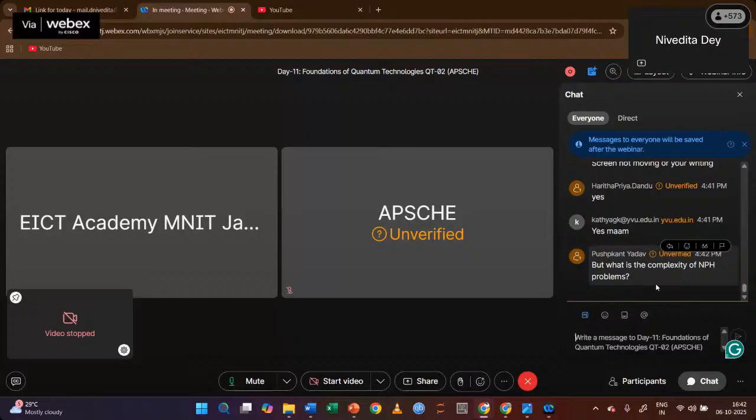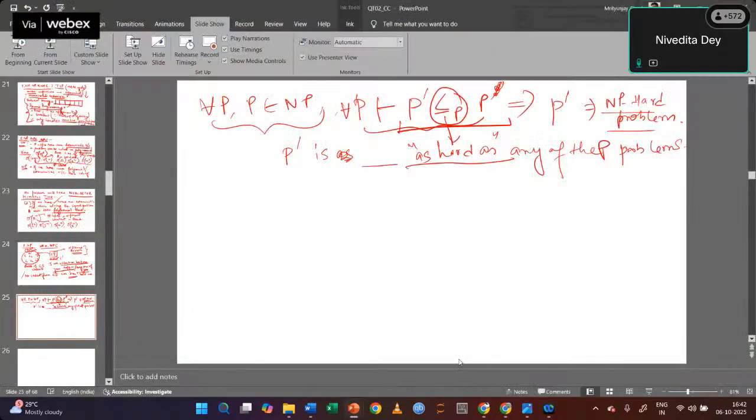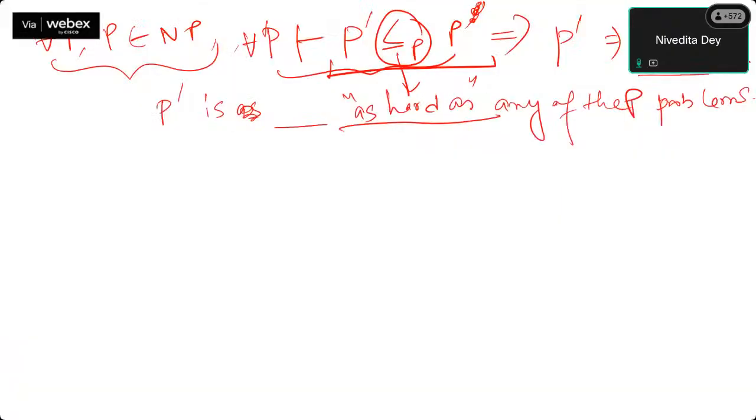Someone asked a question: what is the complexity of the NP-hard problems? Take what we were discussing, TSP. What was the time complexity for TSP? Remember, whenever we refer to complexity, we primarily refer to time. The time complexity was big O of n squared into 2 to the power n. That means it belongs to this category or family.